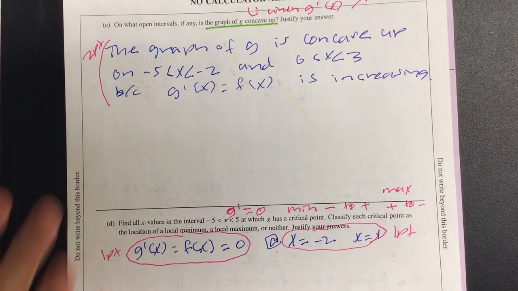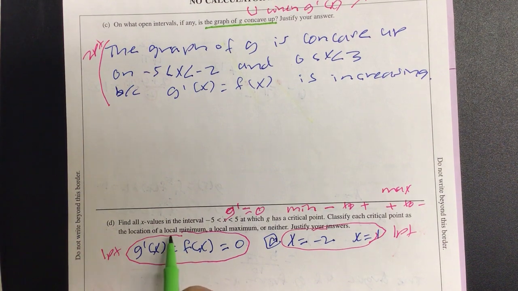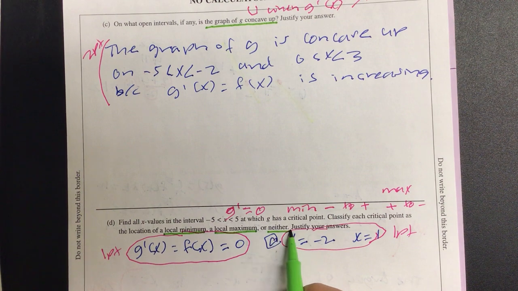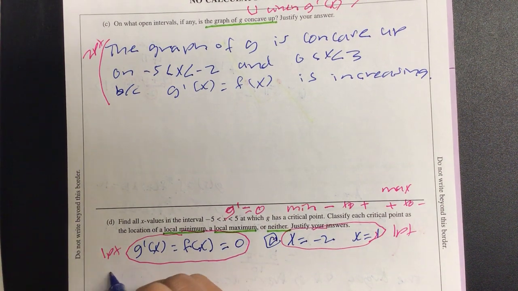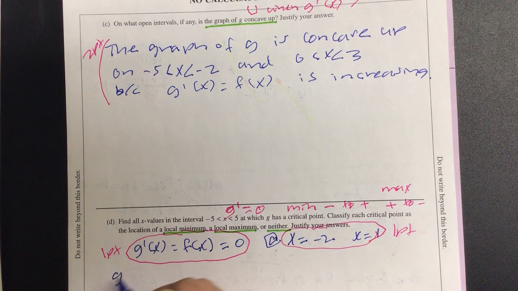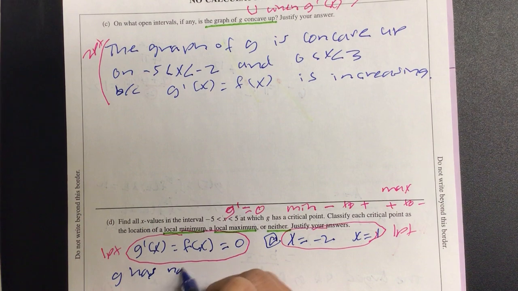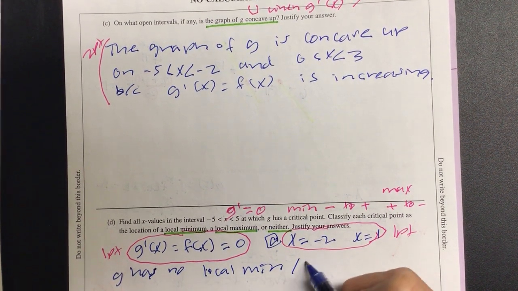And let's write in, for this one, we need an explanation for both of them. So I'm going to use local minimum at some point, maximum at some point, and neither at some point. So let's put on here, g has no local minimum or maximum.